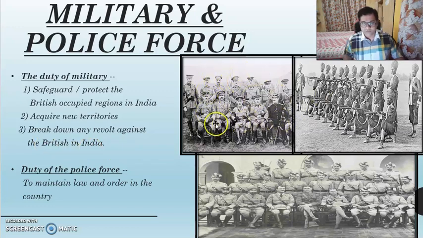As you can see, all the officers were British, and the people who used to fight in the army were Indians. Secondly, the duty of the police force. Their duty was to maintain law and order in the country. This is the police force during the British time. They also had to pass an exam.